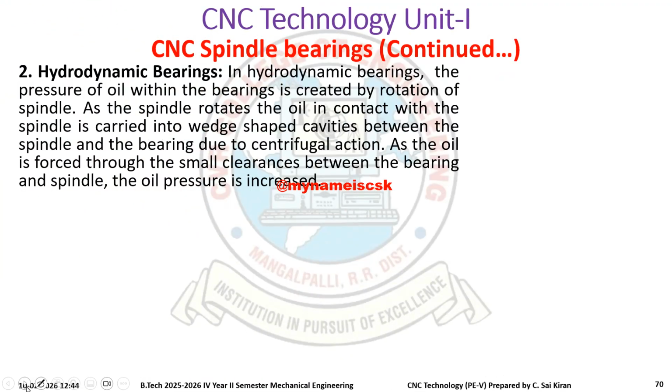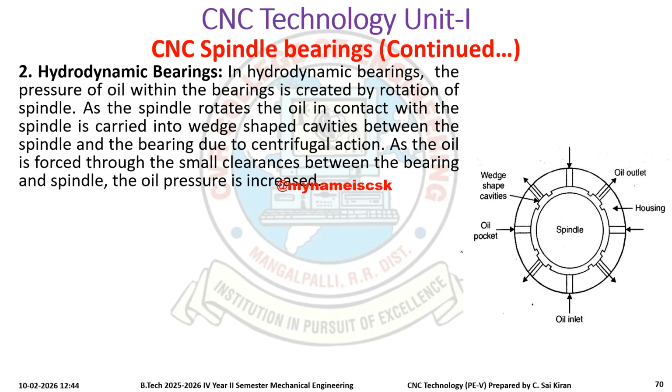Next, hydrodynamic bearings. In hydrodynamic bearings, the pressure of oil within the bearing is created by rotation of the spindle. If you see the bearing, there are four oil inlets and four oil outlets, and here we are providing wedge shaped cavities.